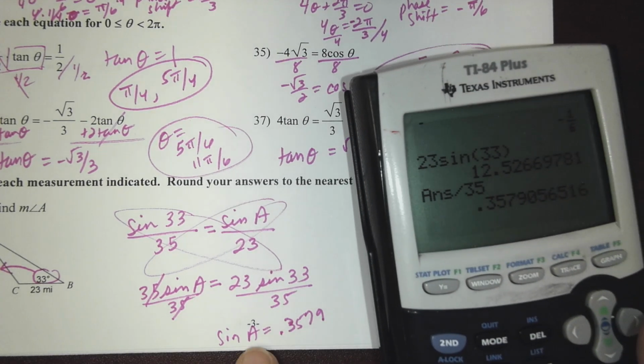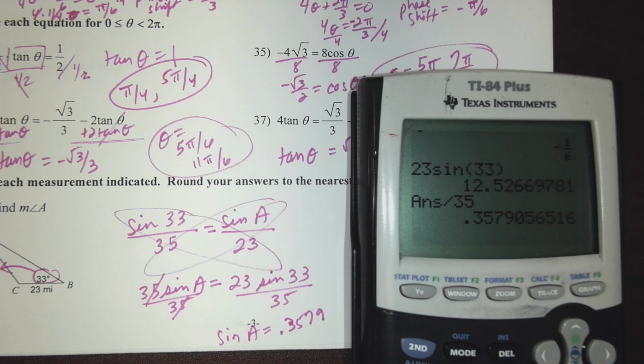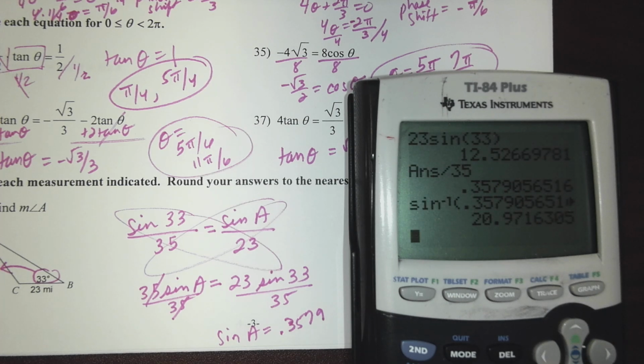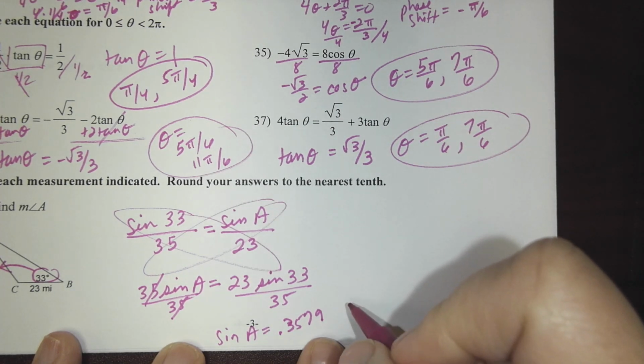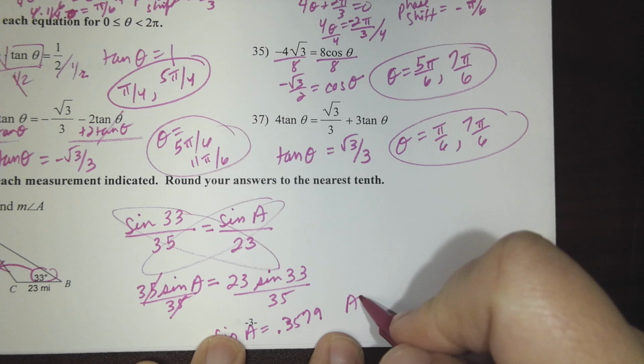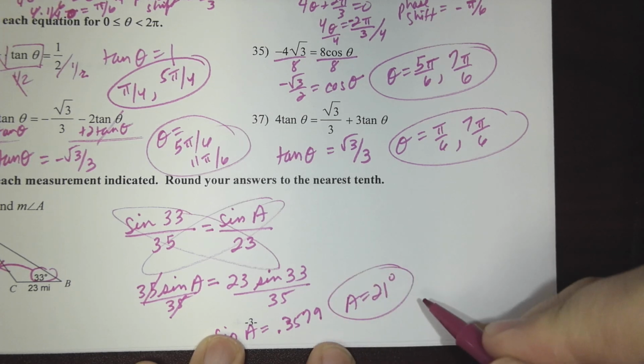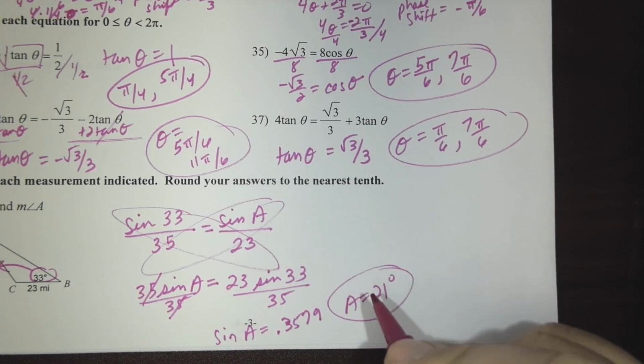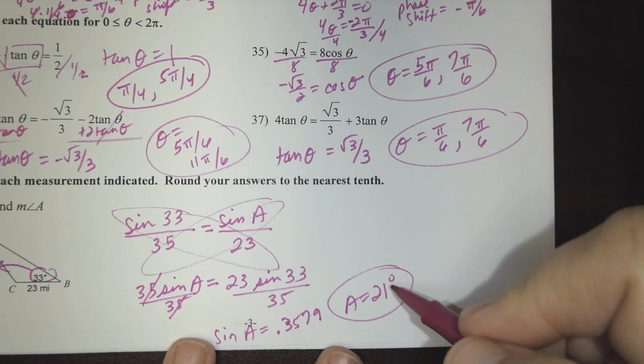So how do I ever find angle A? I would inverse this, inverse sine of that right there, and I'd get 20.97, or A is about 21 degrees. Well, it said round to the nearest tenth, so 21.0.